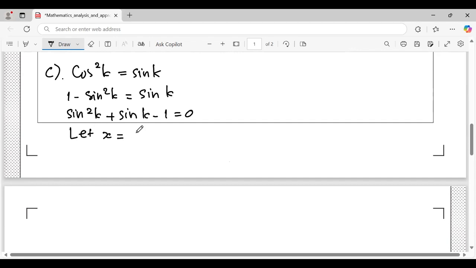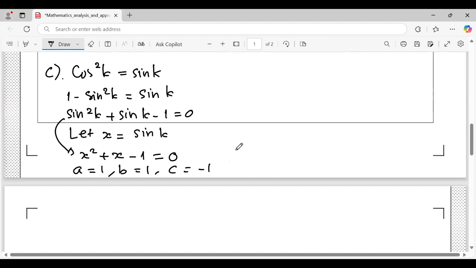Let x equal sine k. So this equation becomes x squared plus x minus 1 equals 0. So a equals 1, b equals 1, c equals minus 1.